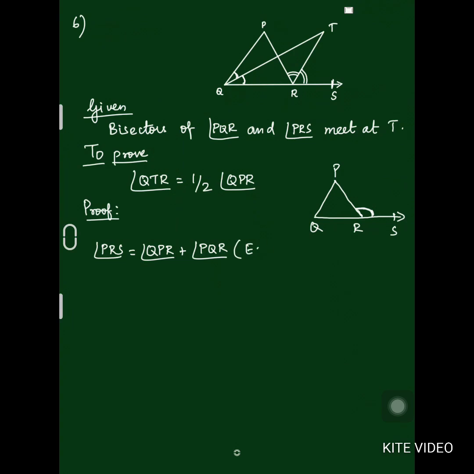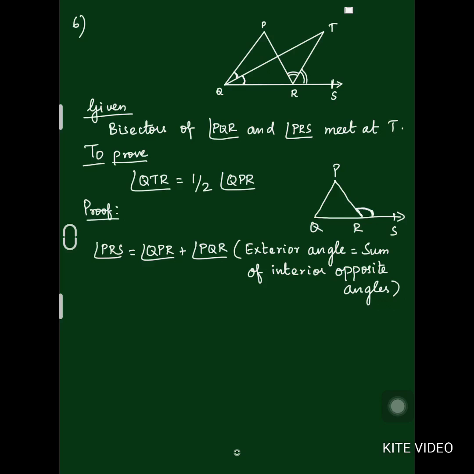The reason is exterior angle is equal to sum of interior opposite angles, and PRS is actually bisected by RT into two parts. Bisected means divided into two equal parts.